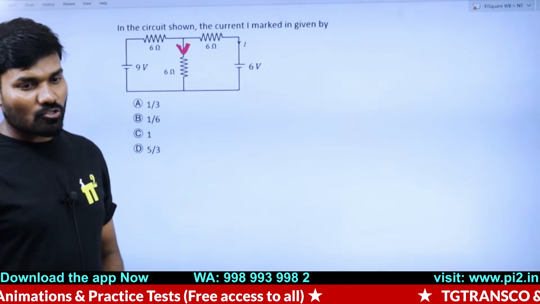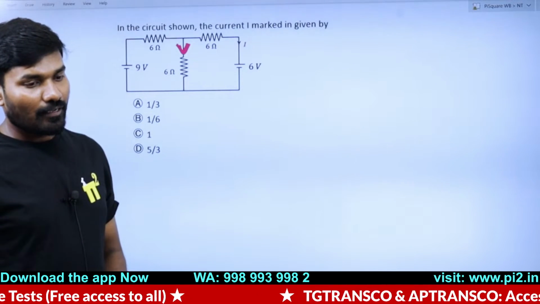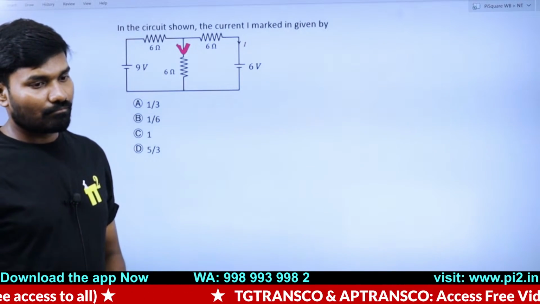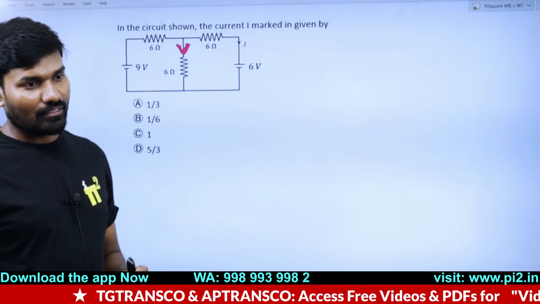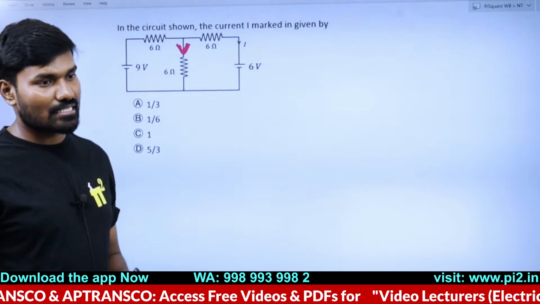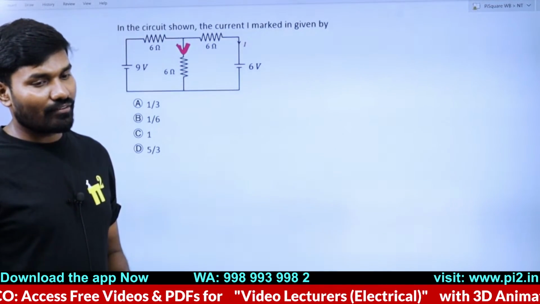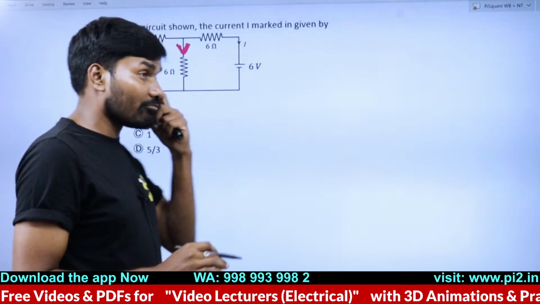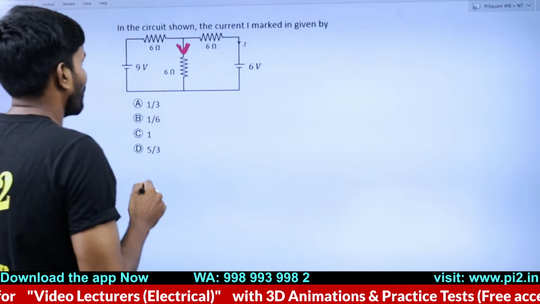Some people are saying source transformation, some people are saying nodal. But they are not correct. What I was asking is, what is the method if the current is asked in this branch.